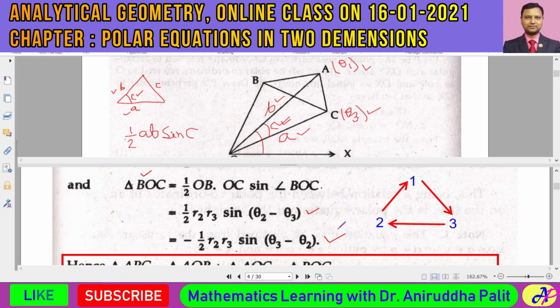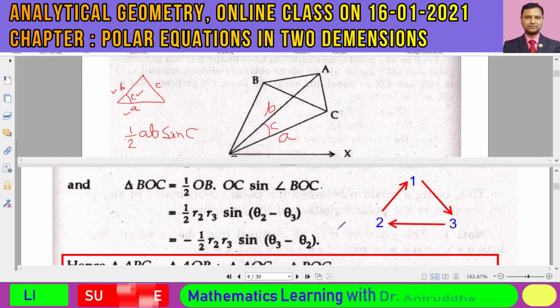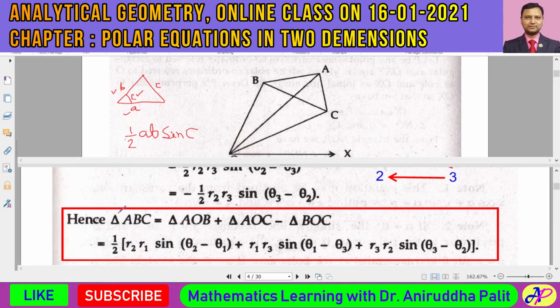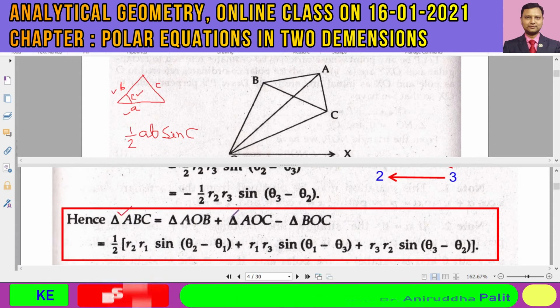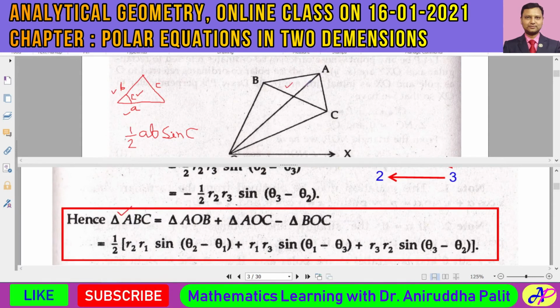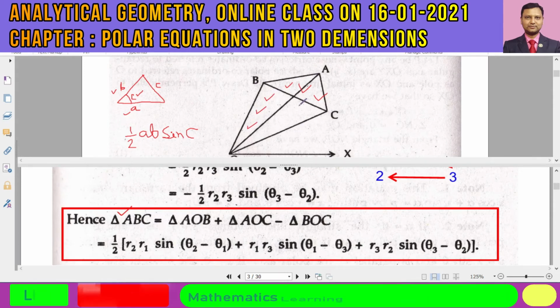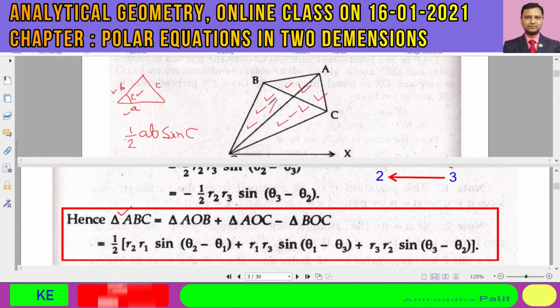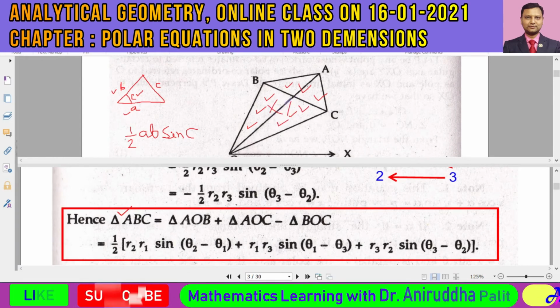In order to reduce this confusion, ultimately you get this final formula, as I told you. The area of the triangle ABC, this much area that we are interested in, is equal to the area of this first triangle plus the area of this second triangle minus the area of this third triangle.